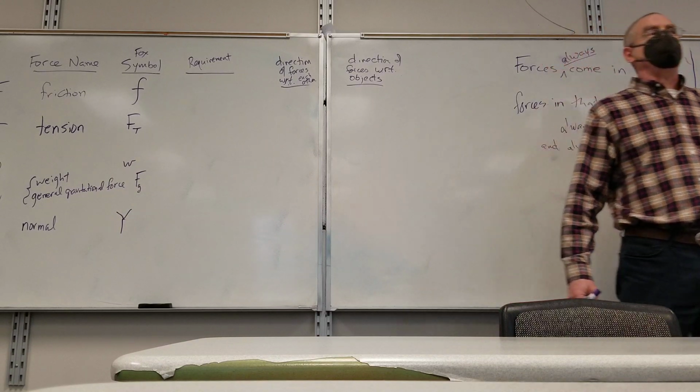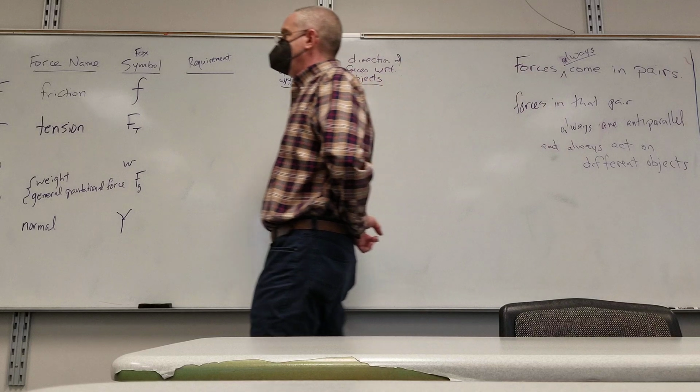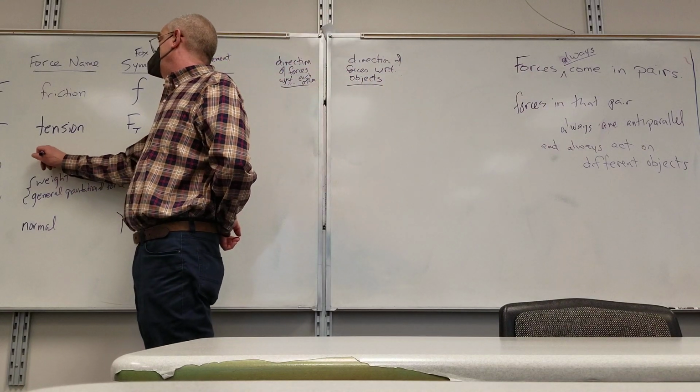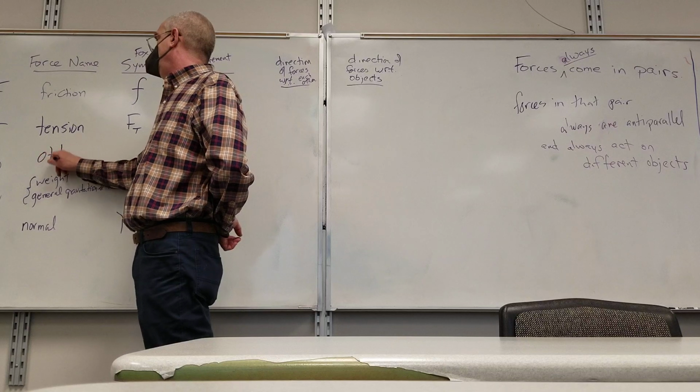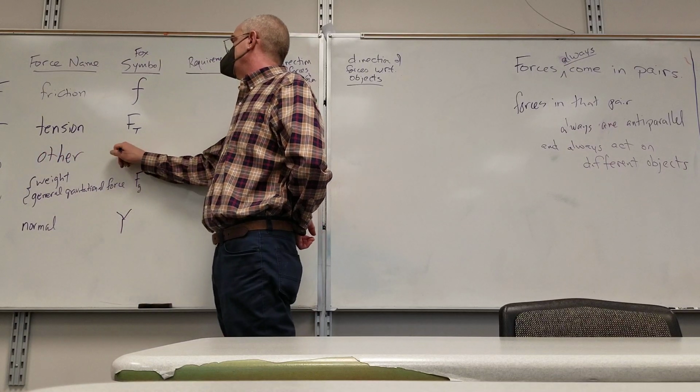Now, some of you astute observers might have noticed I skipped O. One, I needed a vowel for F-town, but it stands for other. The symbol used is problem specific.